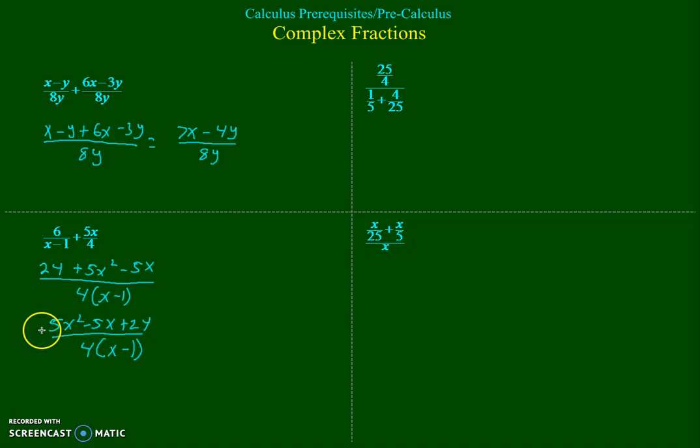This quadratic has no common factors, and this is as far as we can go in the denominator, so this is our final form. So this set of fractions simplifies to this. Now, we may end up having to go the opposite direction, but for now, we're doing the simplification.